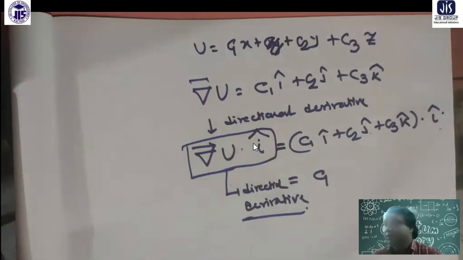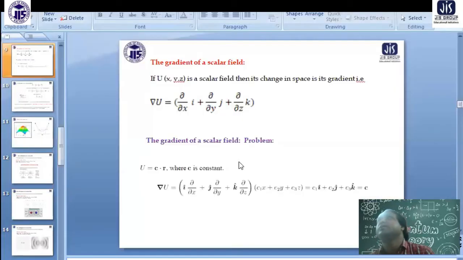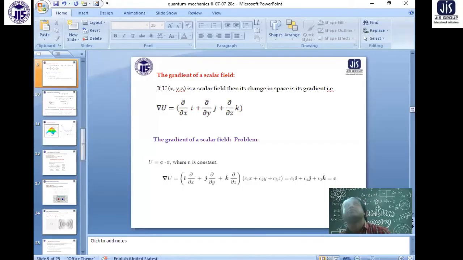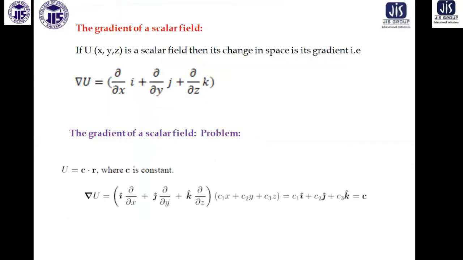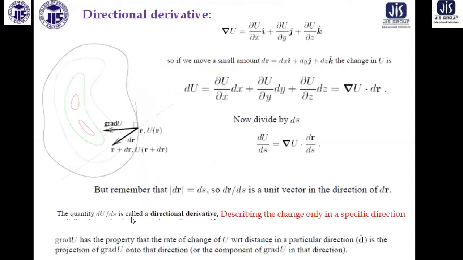Now, to continue our discussion a bit more, I go back to the PPT again. You can see here the concept of the gradient operator. What you witness here is the directional derivative.